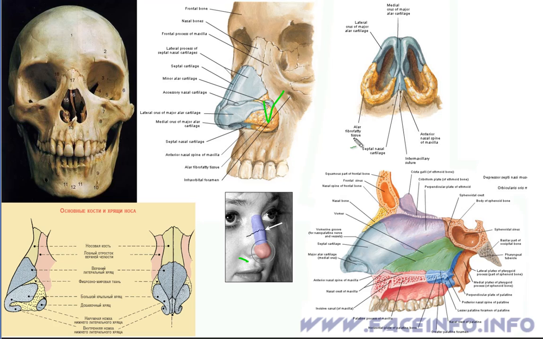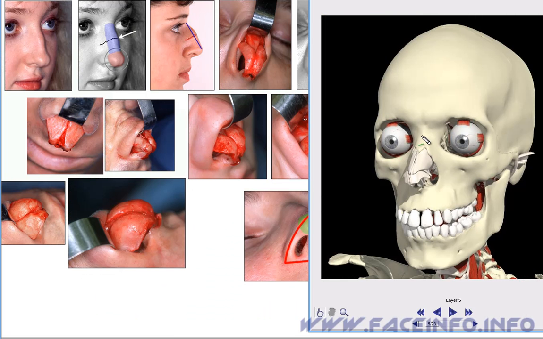Now let's talk in more detail. Look at this picture of a skull and nose cartilages. The upper cartilages are attached to the nasal bone and form with it the nasal arch or dorsum of nose.